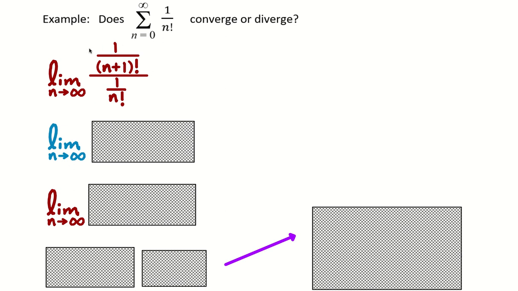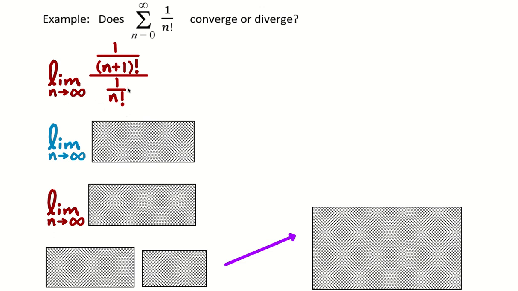So this is a sub n plus 1, and this is the original a sub n, which goes right there. And you do this ratio, and you take the limit as n approaches infinity.